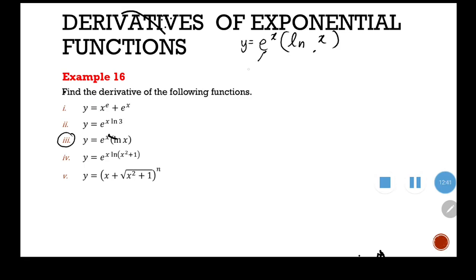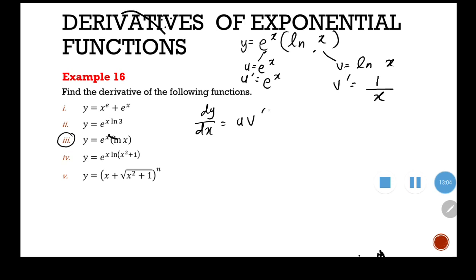So u here is e to the power of x, u' should be e to the power of x, and v is ln x, v' is 1 over x. So dy/dx is, I'll write it down again, uv' plus vu'. uv' is e to the power of x times 1 over x, plus vu', ln x times e to the power of x.